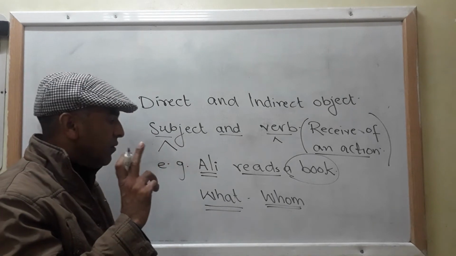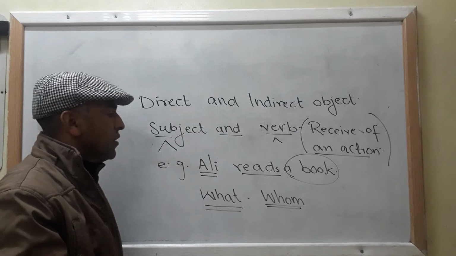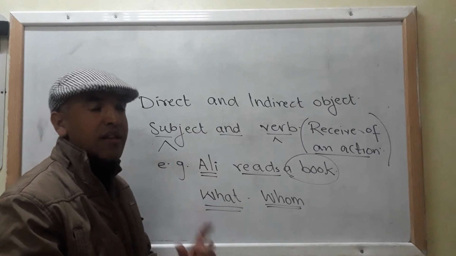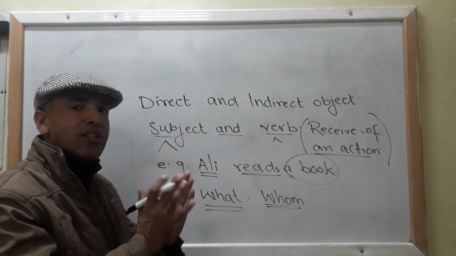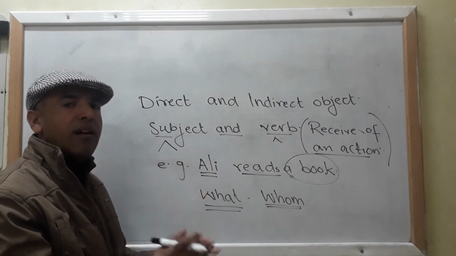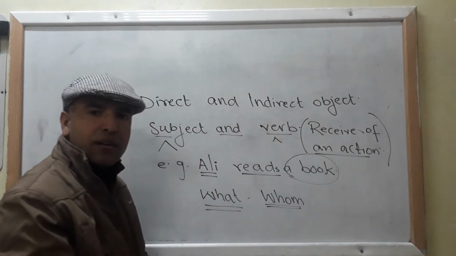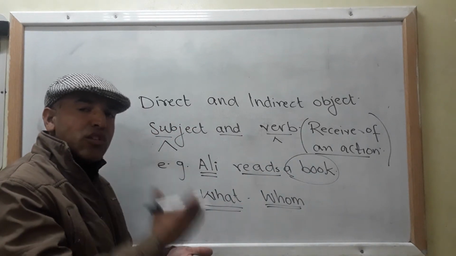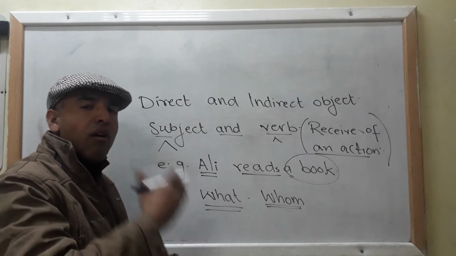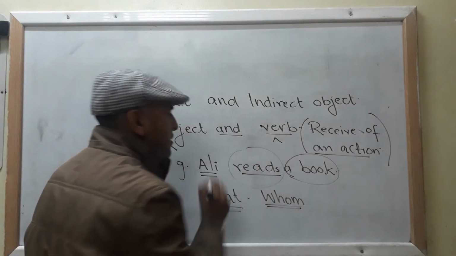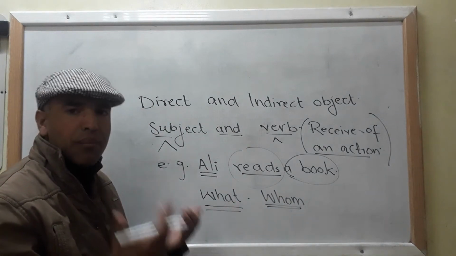Now let me tell you one thing that you have to bear in mind, that your direct object, clear, is the receiver of the action of the verb. Clear? Number one, your direct object is actually the receiver of the action. Clear? This reading is a verb.